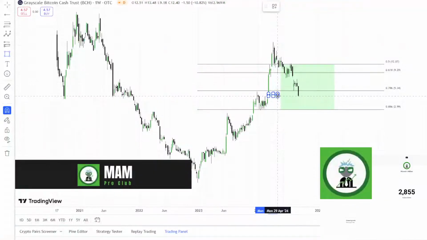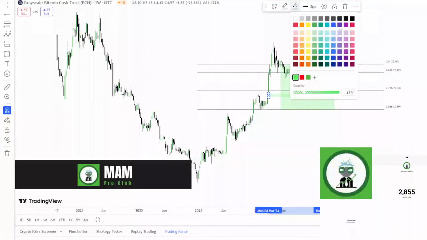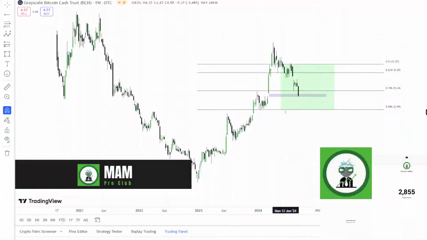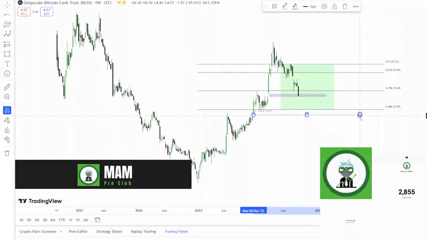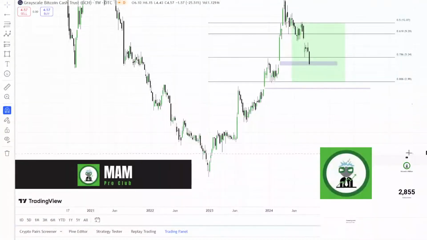My opinion would be that there's some kind of gap there. Let's take this out. Looks like it's just filled it. But there's another gap here. They don't need filling, but if I was a betting man, I'd say they would be filled. Everything else seems to be filled.